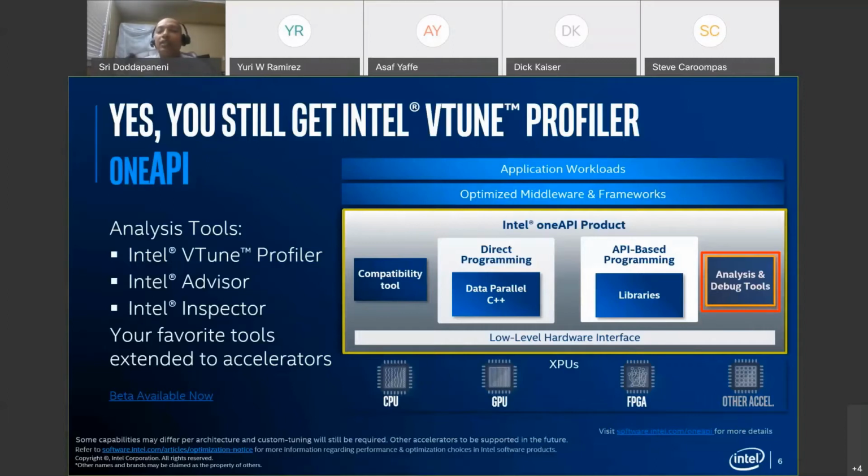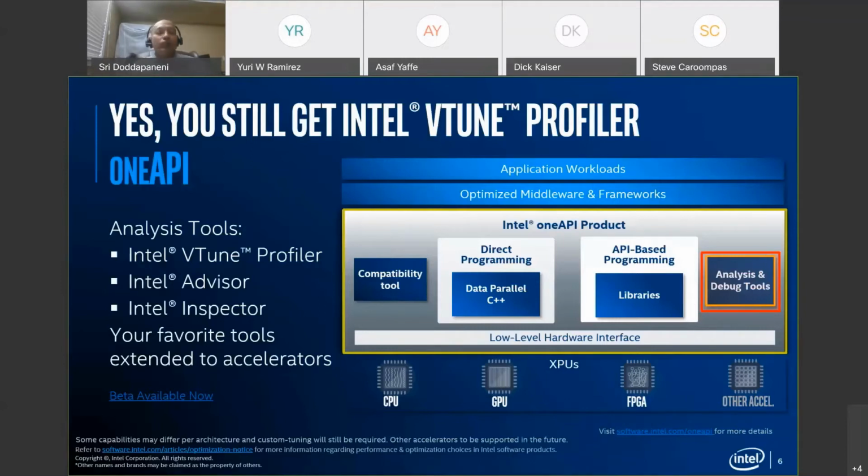That's not much different from what you do for CPU today, using a rich set of APIs combined with a very productive programming language. Now you can really cover the spectrum of the diverse set of compute accelerators down below.